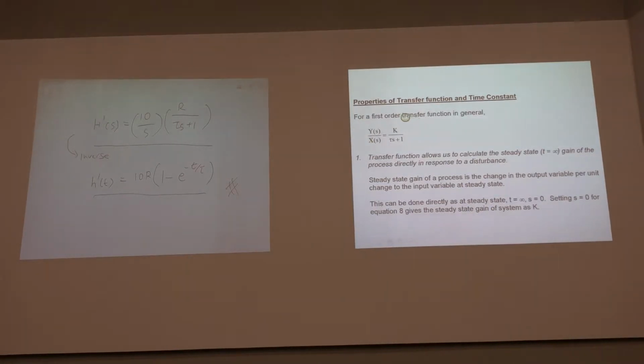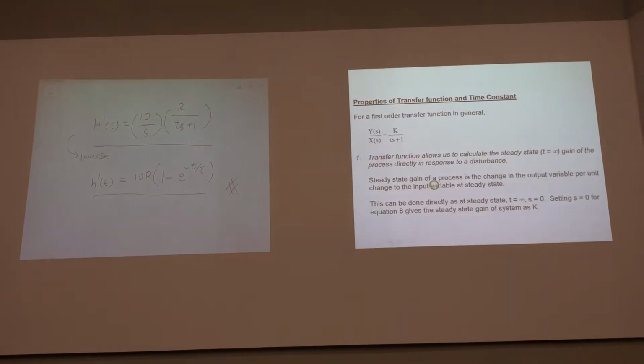So a more generic way of writing the first order transfer function is output divided by input equals K divided by tau s plus 1. The first property of the transfer function is that it allows us to calculate the steady state gain of the process directly in response to a disturbance. Remember, disturbance is always the change in the inlet.